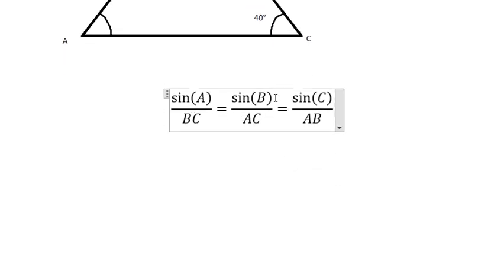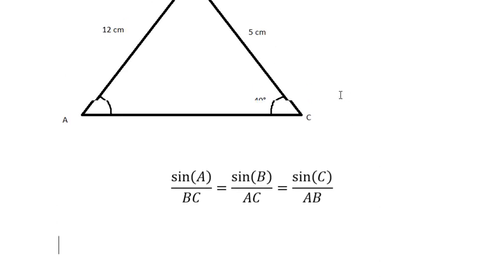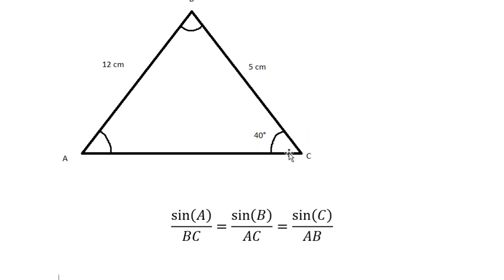It gives us a relationship between the sides and the angles of the triangle, and we can build an equation from this. So we know what C is. We also know what AB is. So this part can be useful for us. We don't know what B is. We don't know what AC is.